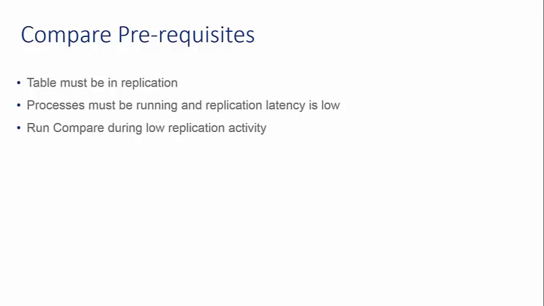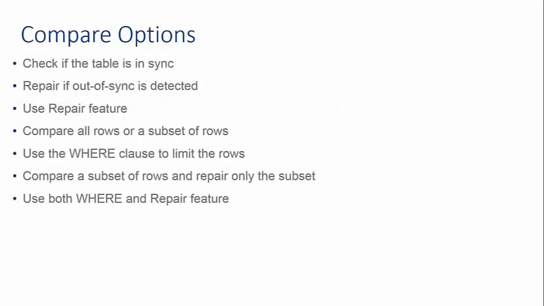It is recommended to run compare and repair during a time of low replication activity to avoid issues with locks, as both the compare and repair command will need to obtain a brief lock on the source. Table comparisons can be run with or without target data modification. If you just want to see if the table is in sync, then issue the compare command.